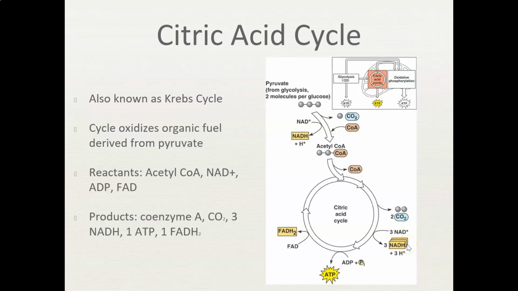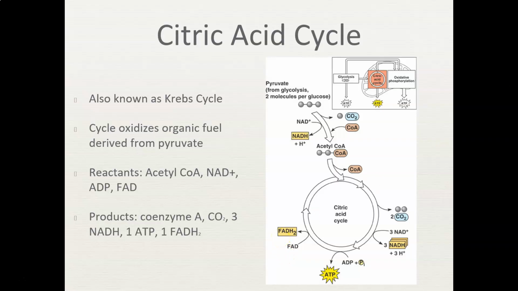And again, I said we'd make some NADH, ATP, and FADH2. Now again, remember that this is showing you a single pyruvate. So if you're asked about, well, what does the citric acid cycle make per glucose, you've got to double all these numbers. All right, so it'll be 4 carbon dioxides, 6 NADHs, 2 ATPs, and 2 FADH2s.